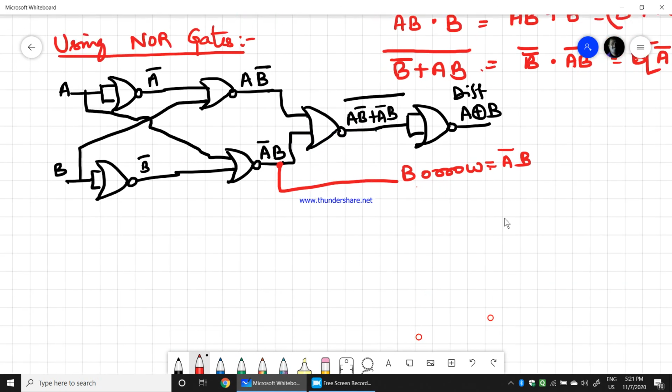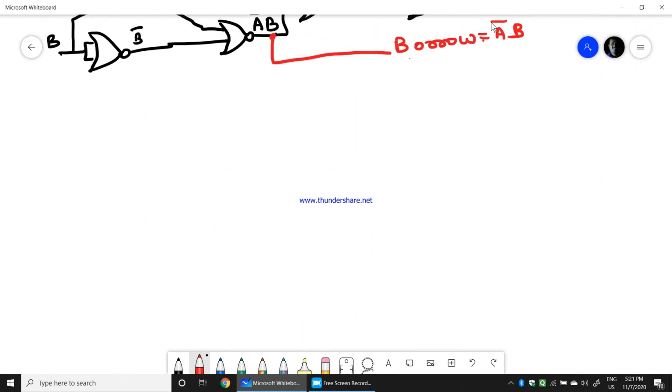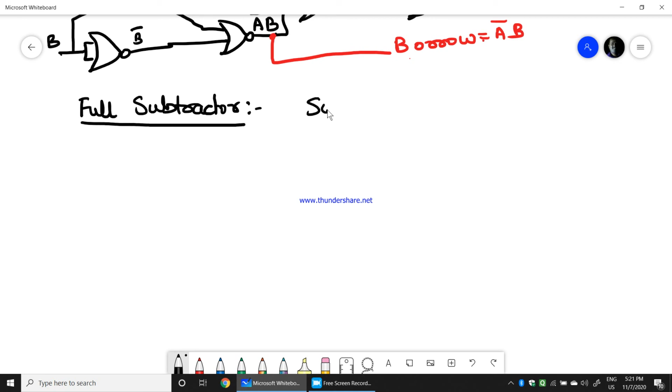Now we'll see how to work on the full subtractor. Let us look into the design and implementation of the full subtractor. This is subtraction of 3 bits.